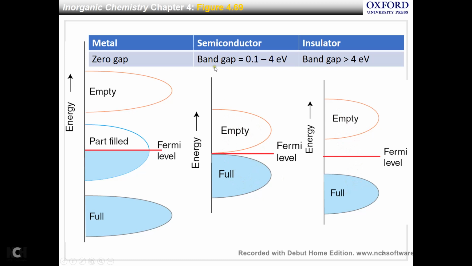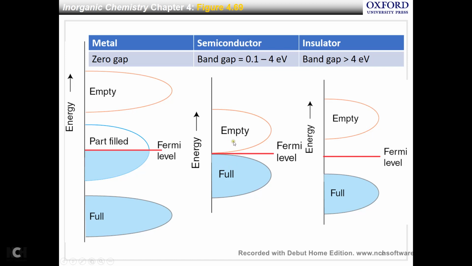Semiconductors have a smaller band gap, between 0.1 and 4 electron volts. The Fermi level is also between the valence band and the conduction band. But because the band gap is so small, sometimes as small as 0.1 electron volt, and 1 electron volt is roughly 96 kilojoules per mole, so 0.1 electron volt is roughly 10 kilojoules per mole, it's possible to just heat up a semiconductor to promote some of the electrons from here to here.